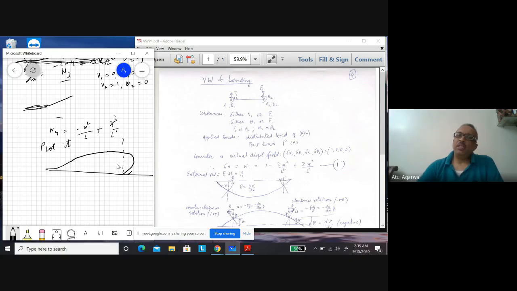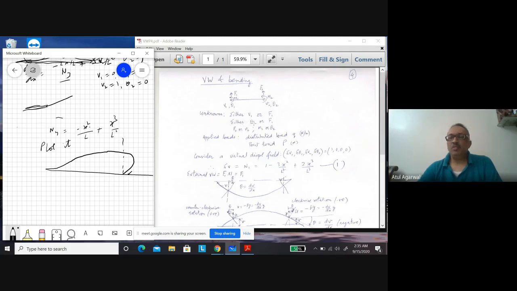So what are our unknowns when we solve this kind of problem? There are some external loads, some concentrated load or distributed load on the beam. So either we have to find V1, vertical displacement of node 1, or force.